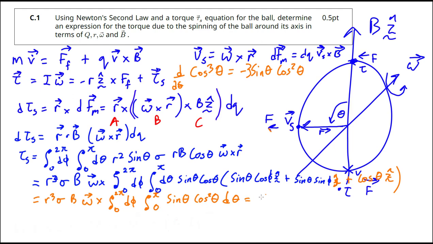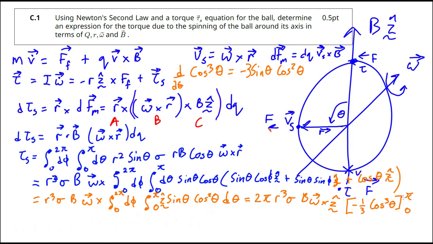So what that means is, from my phi's I get my factor of 2 pi, r cubed sigma b omega cross, in this case, sorry, I dropped my z. This is all in the z direction. Omega cross z. Alright, and then I have minus 1 over 3 cos cubed theta, and I have to evaluate that at pi and 0.